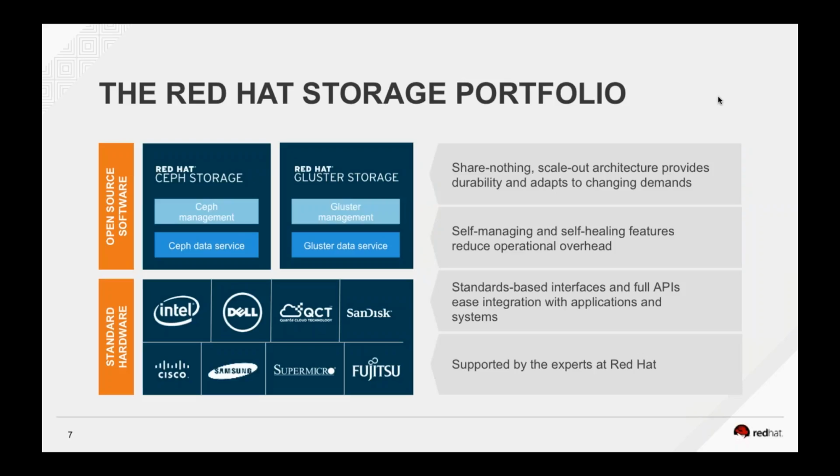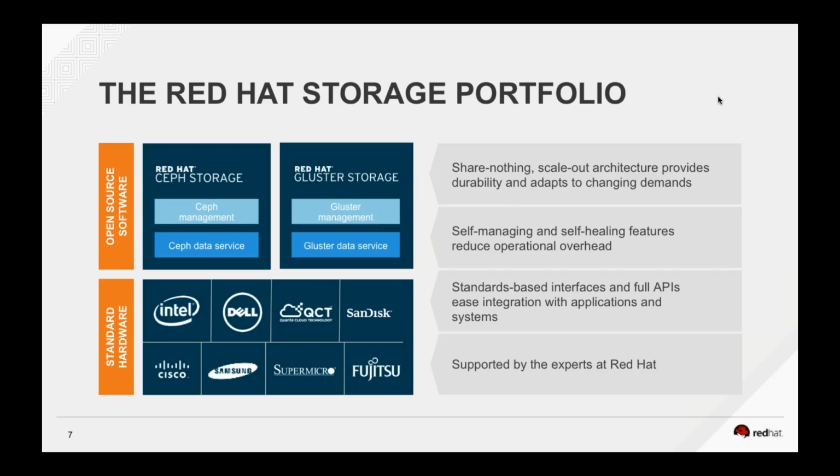So focusing on the file data as well as the object data, predominantly unstructured data, we have two Red Hat storage products. We have Red Hat Ceph Storage and we have Red Hat Gluster Storage. These are all open source software.